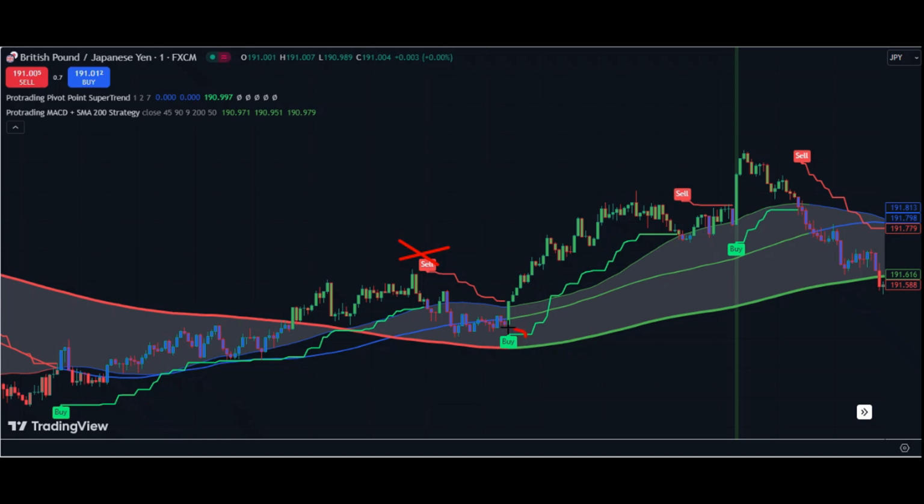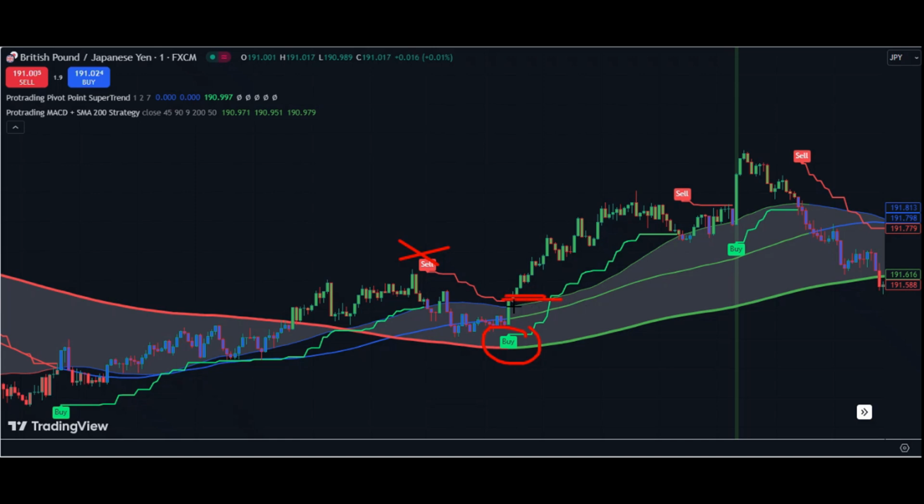Here you get a good signal which is a buy trade, and price has closed above the cloud. So what you do, once this price closes, you mark your horizontal line and place your pending order slightly above this horizontal line, just behind the horizontal line.